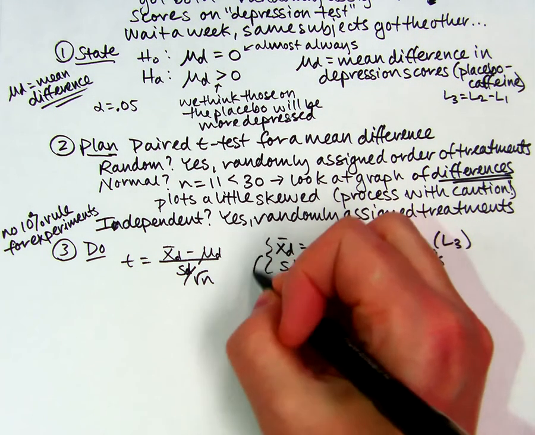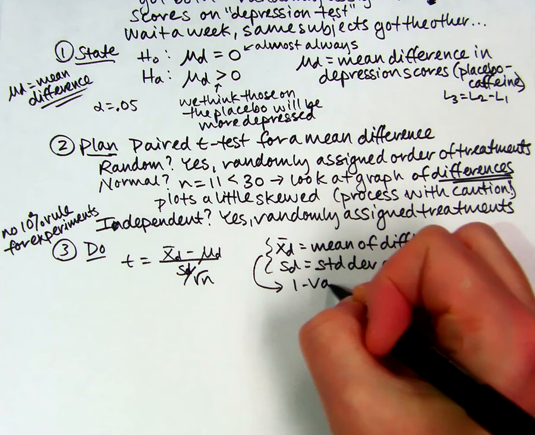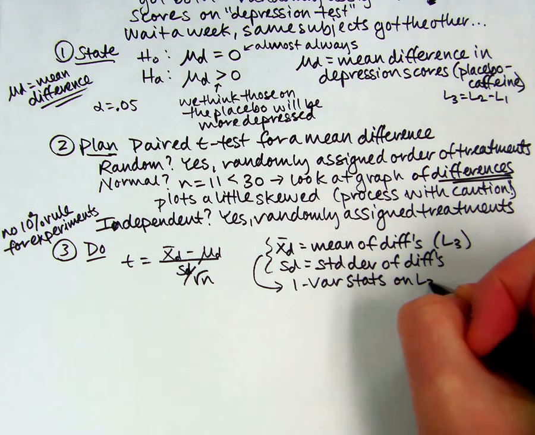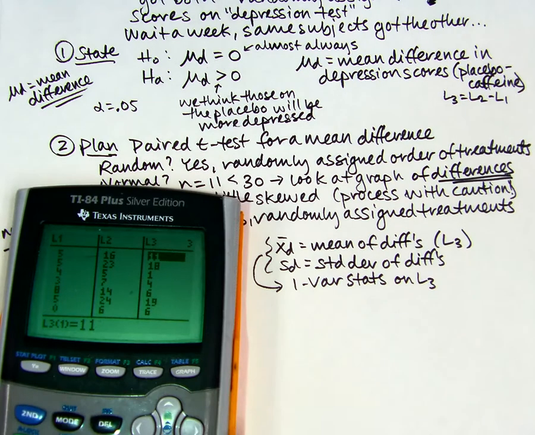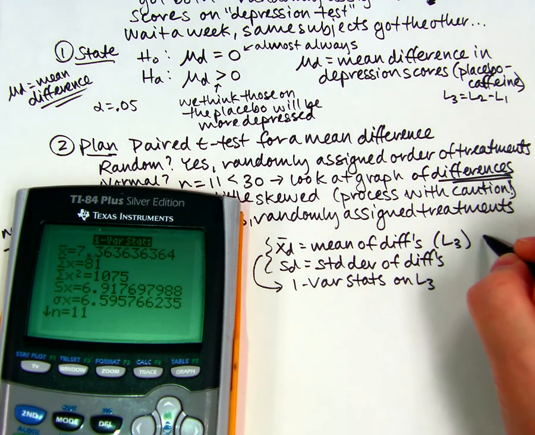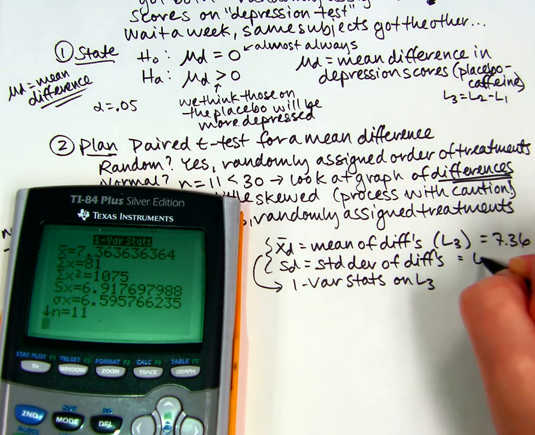So we're going to find both of these by doing one variable stats on list 3, like this, stat calc, one variable stats, list 3 instead of list 1, and calculate. And that will give us our X bar D, whatever, 7.36, and this is 6.92.